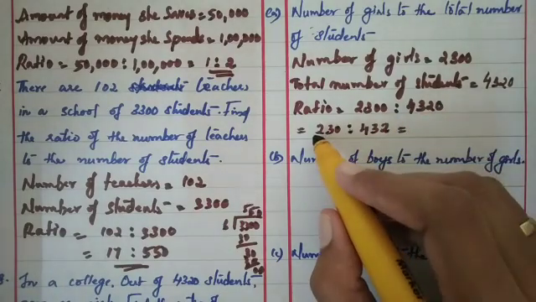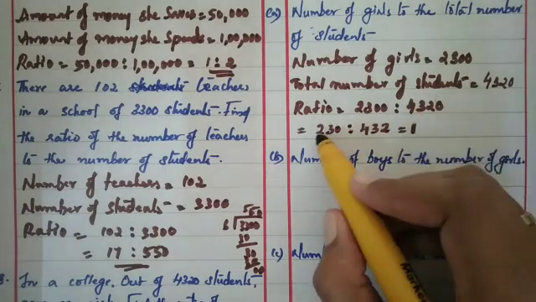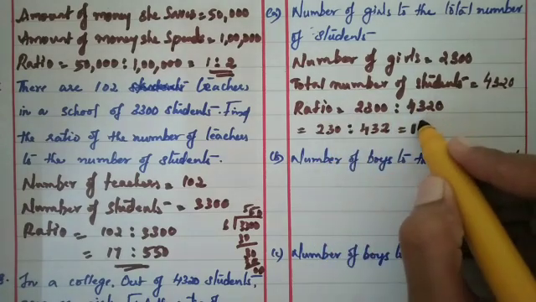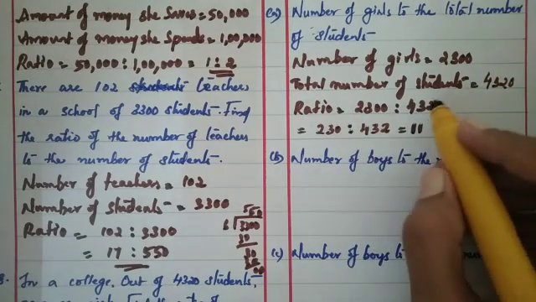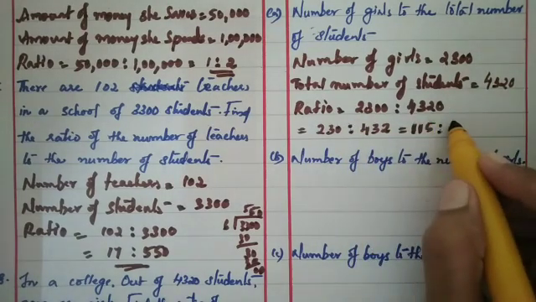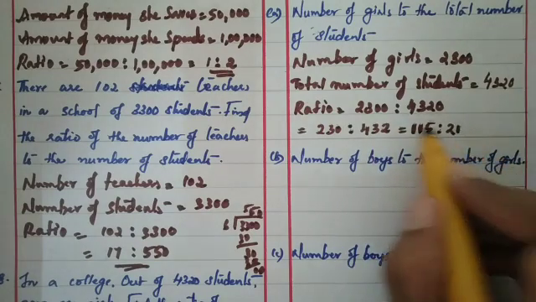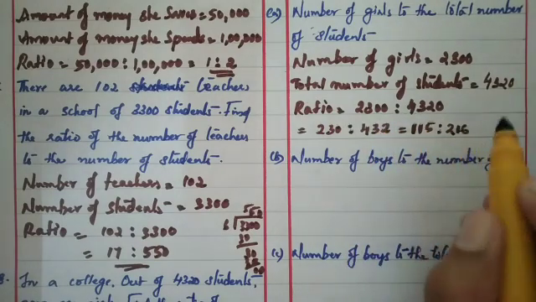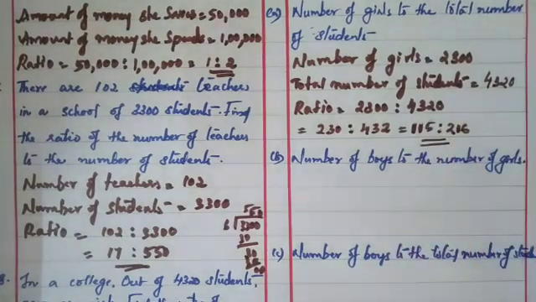Take 2 as common factor. 2 times 115 is 230, and 2 times 216 is 432. 115 is to 216.